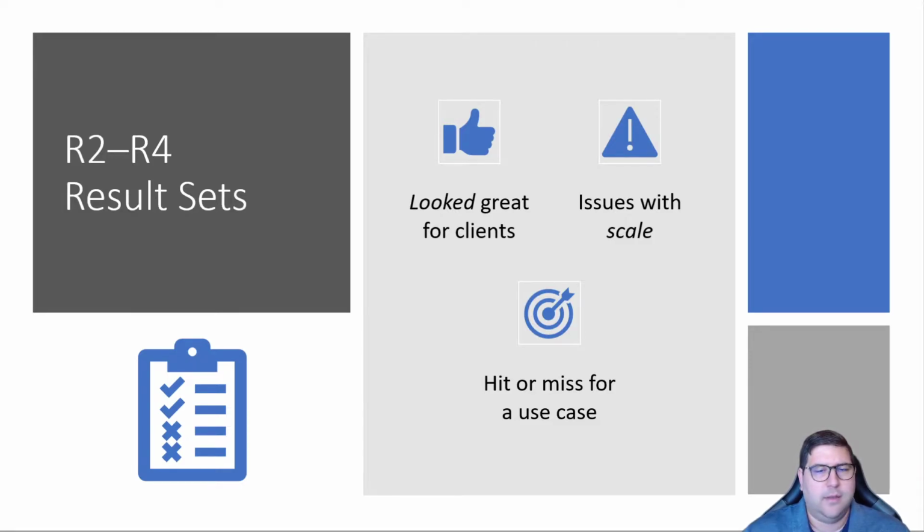It looked great on paper, and that's why for some use cases it works very well. But there's issues with scale, for instance. If you talk about a server that has millions of records, thousands of clients that might have multiple subscriptions each, keeping track of all of those result sets isn't really great. It's not a great story to tell.